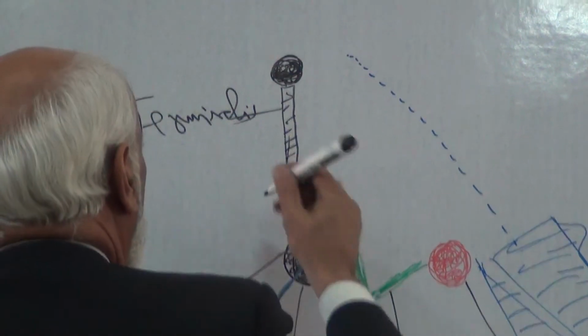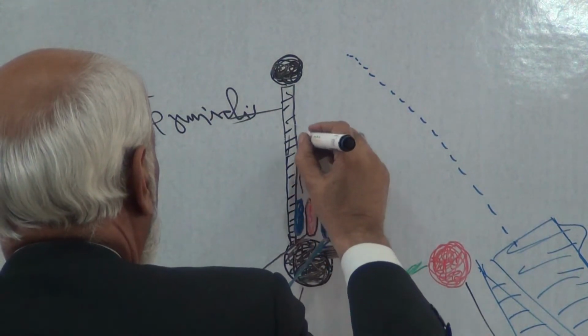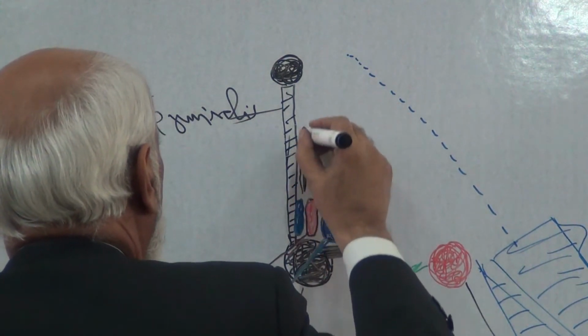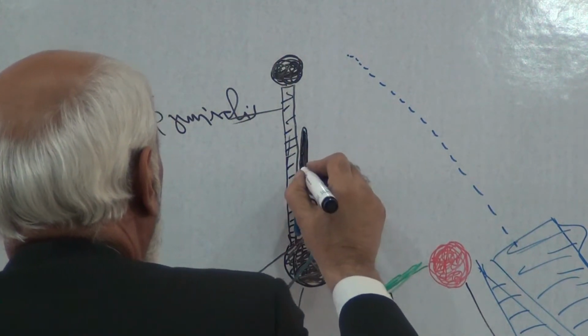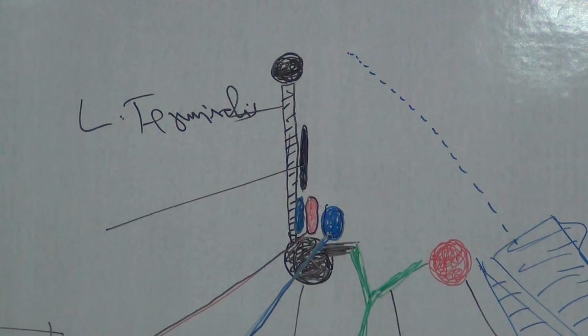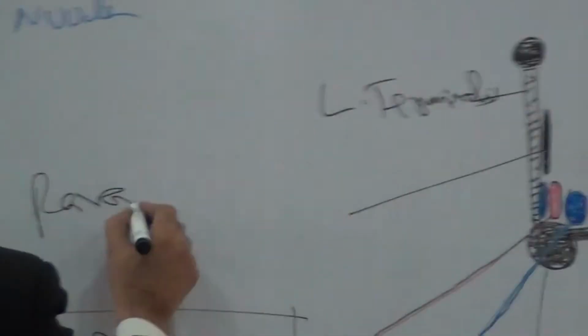Then parallel to the lamina terminalis, paraventricular nucleus.